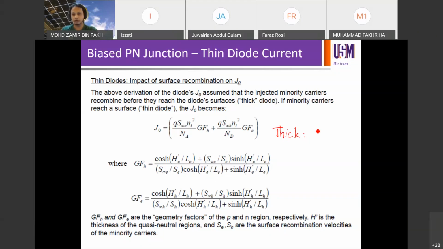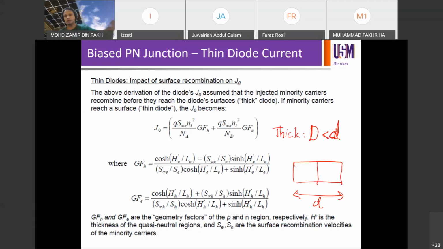That's when the diffusion length of the carriers is less than the device thickness. You can imagine your device thickness is L, or if you like D, for example. You can put D, and this is D, right? The device thickness is the whole wafer thickness.